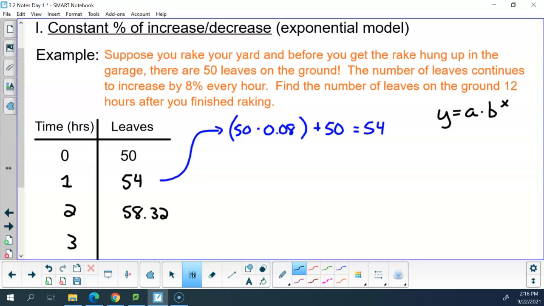The 50 times 0.08 power. Nope. Even easier. What do you got? 1.08 is the other way of doing it. Why do you multiply by 1.08?